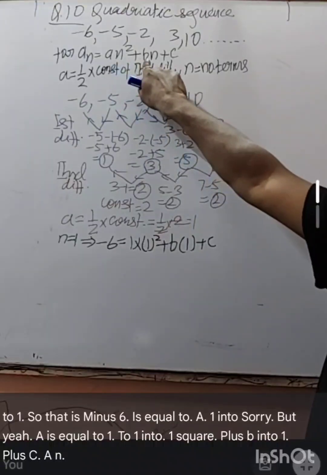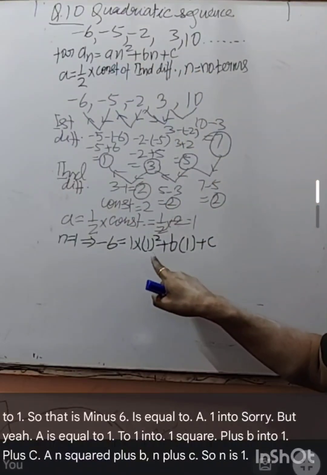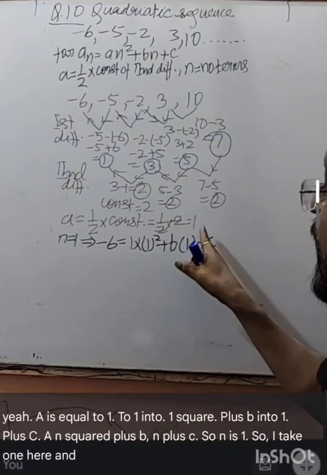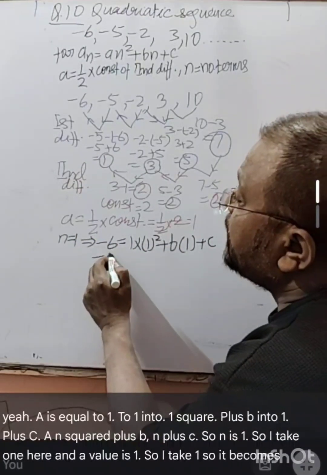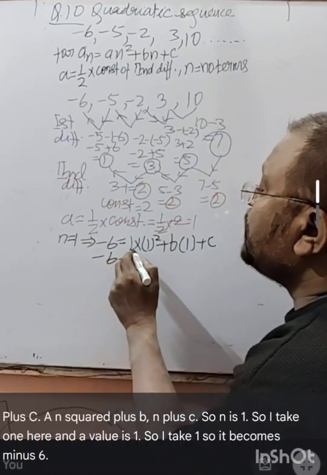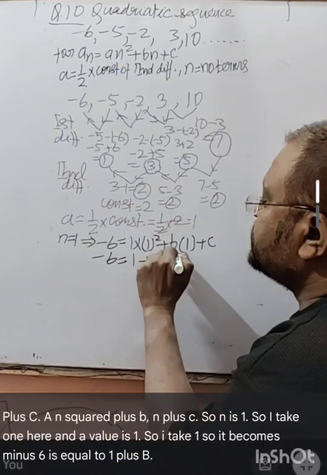The nth term is an square plus bn plus c. So n is 1, so I take 1 here, and a value is 1, so I take 1. So it becomes -6 is equal to 1 plus b plus c.